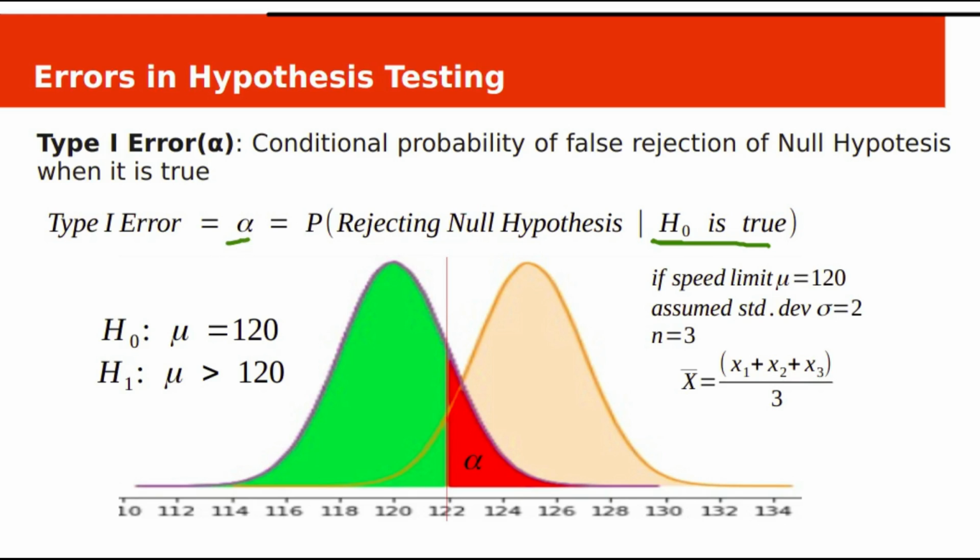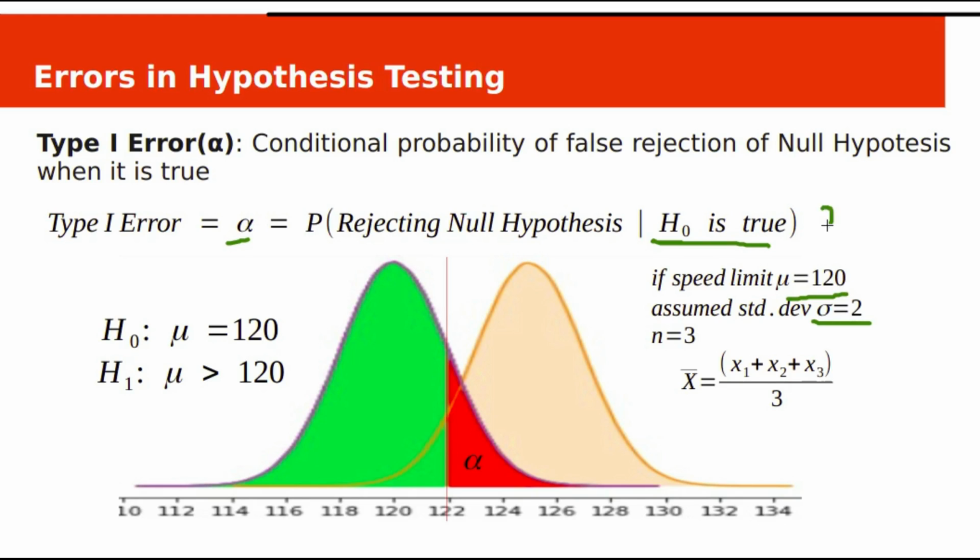Let's take one example. The speed limit of a freeway in the United States is 120 kilometers per hour, and assume a standard deviation of 2 because a vehicle cannot maintain constant speed. Traffic police will measure the speed of the passing vehicle using some device.